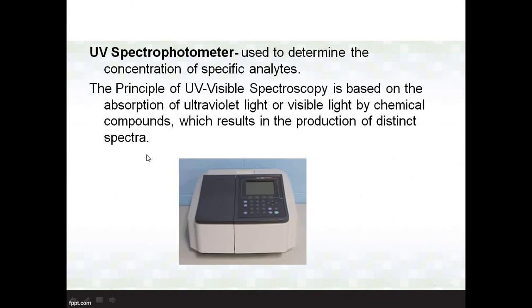Okay, and from this spectra we can find out the absorbance at a particular wavelength. And by using this absorbance, we can calculate the concentration of the analyte. So you can see here the UV spectrophotometer.